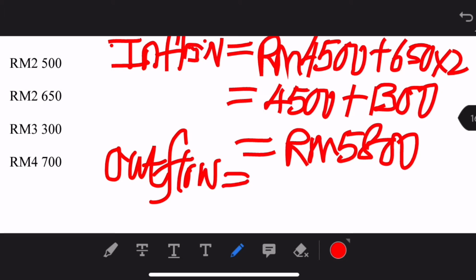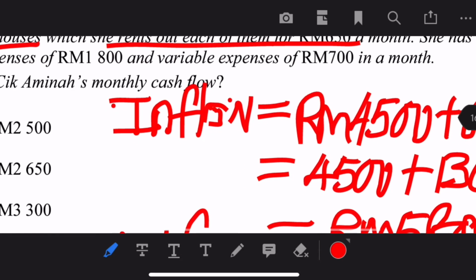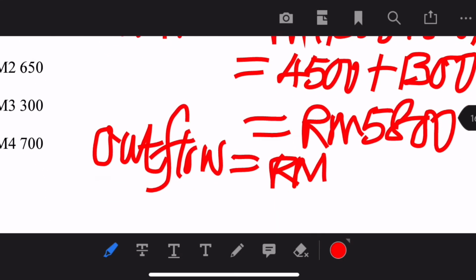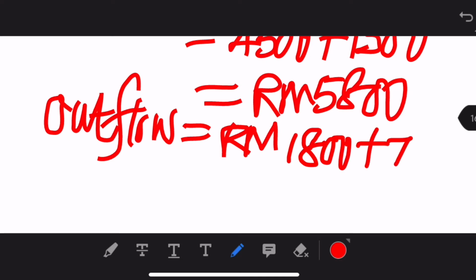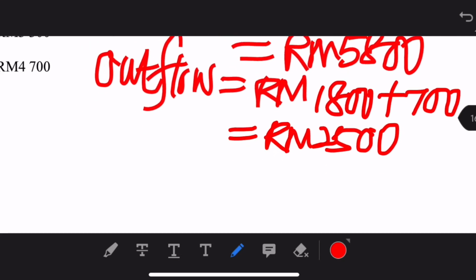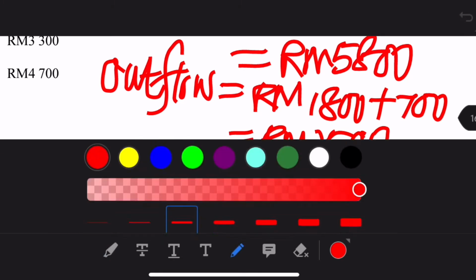equal to RM 1,800, right? And then the expenses is 700, so it's 1,800 plus 700, so it's RM 2,500. So that means the cash flow will be positive cash flow.